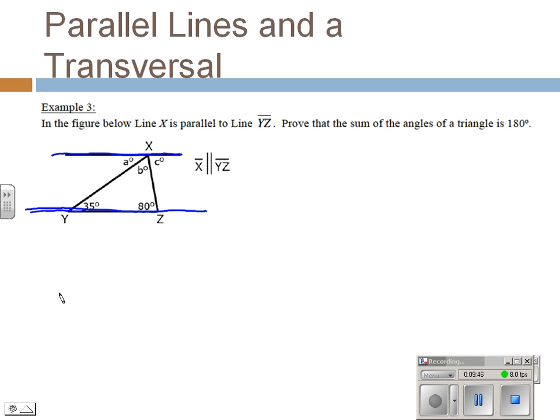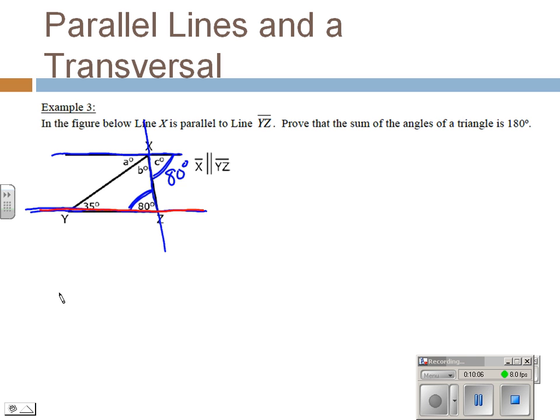Let's show that, using this transversal, 80 degrees and C degrees, those two measurements are equal because of alternate interior angles. So we know that C equals 80 degrees.